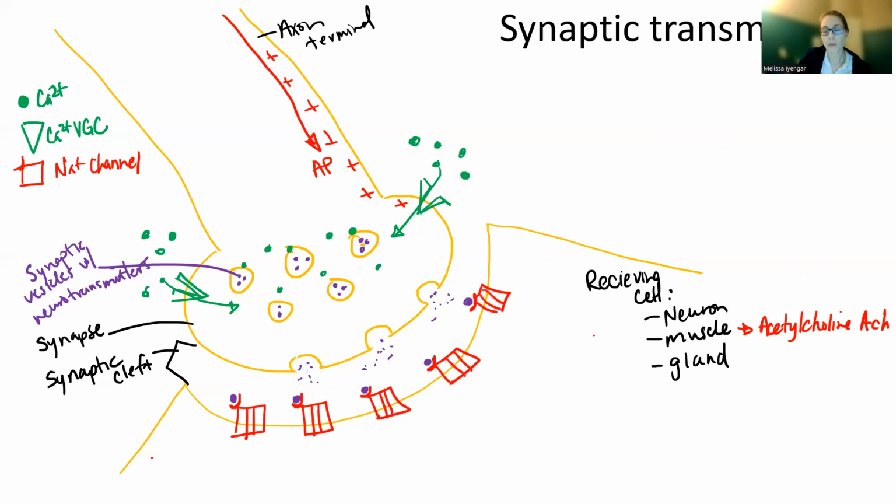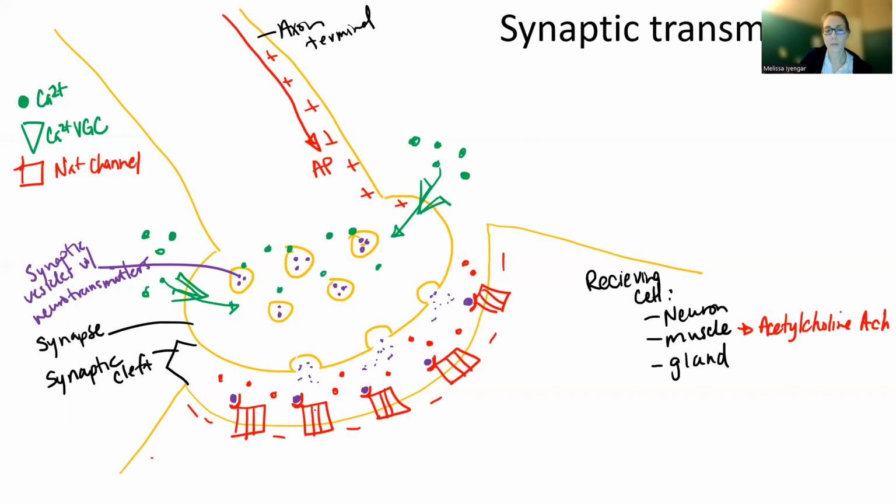And I want you to remember, this is a receiving cell, and that receiving cell has to also be electrically charged. So that means that it's negative on the inside and positive on the outside. And it's positive on the outside because we have a whole bunch of sodium sitting outside of our cell, like we normally do.